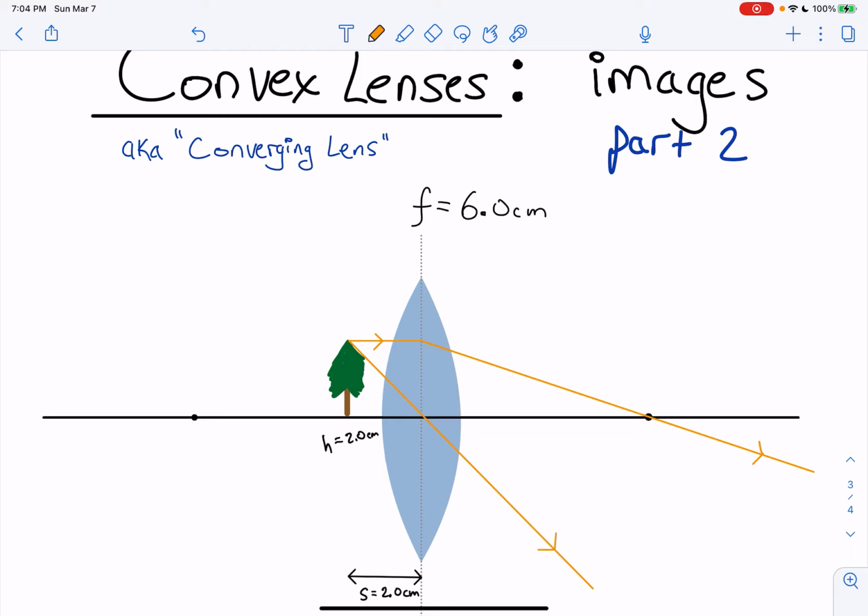What we're going to do is consider what ray would go to the lens and then end up perpendicular to the optical axis. And the easiest way to do that is to consider ray reversibility: where is the ray that would come in from the right that's parallel to the optical axis and then go through the focal point. So we're going to work it out this way.